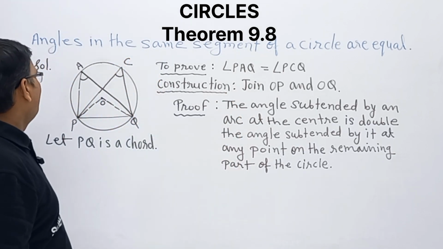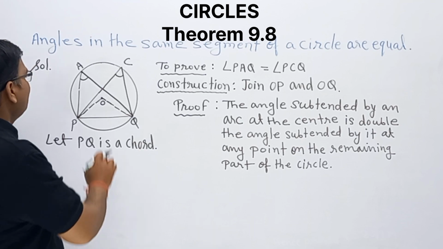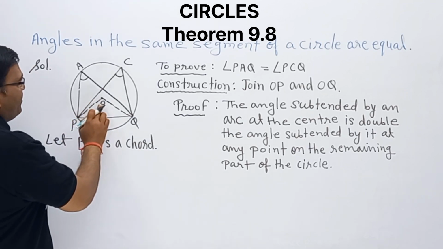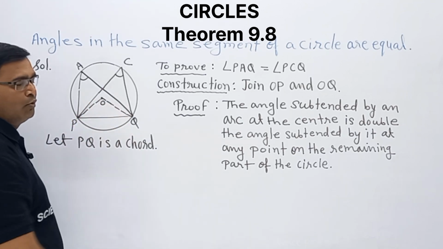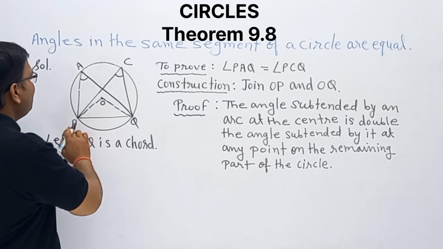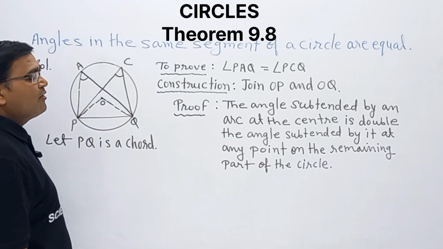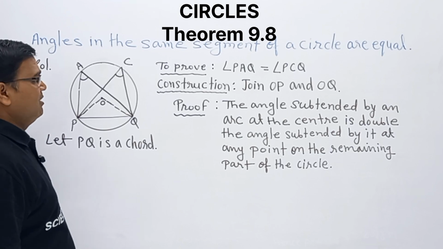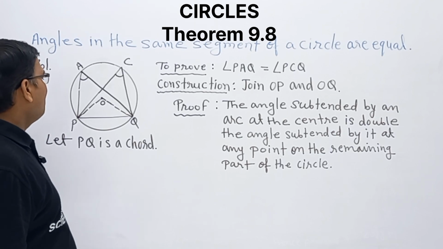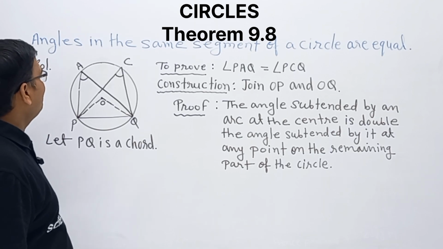Clear? So we are joining OP and OQ, and these are the radii of the circle. Now, what about its proof?